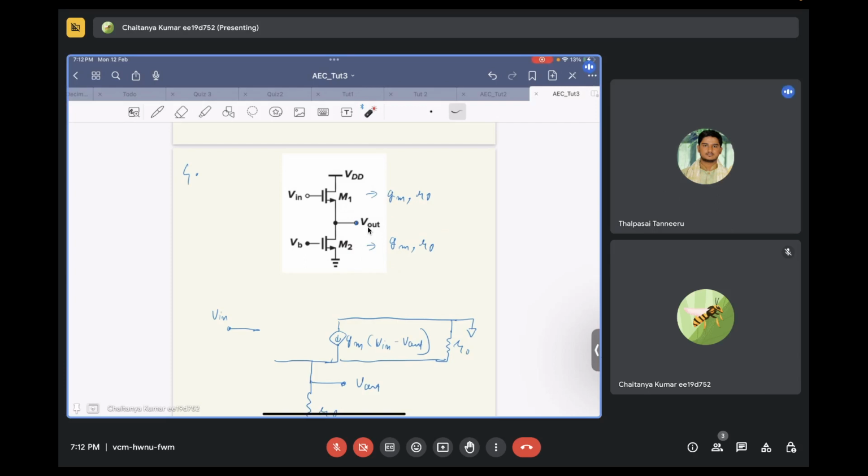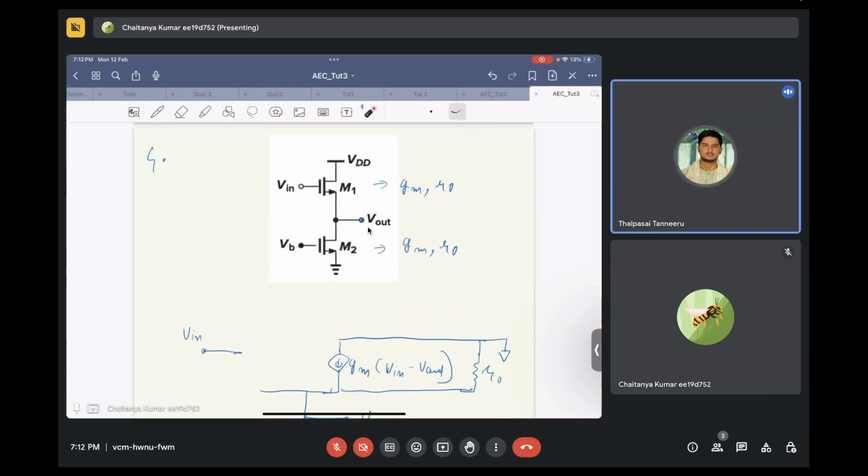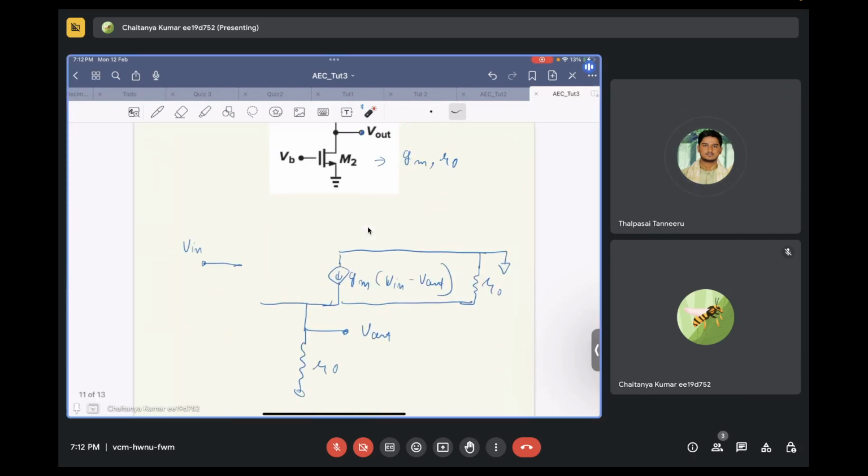No, come again. Will there be any gm due to M2? No, but output resistance is there, r_o. So let's come to this particular circuit only.